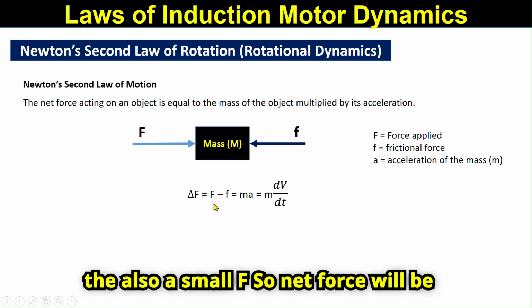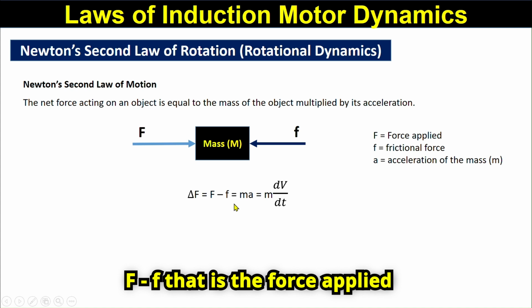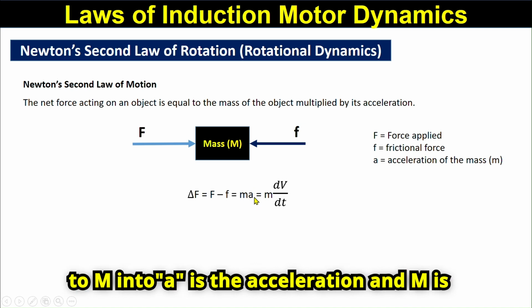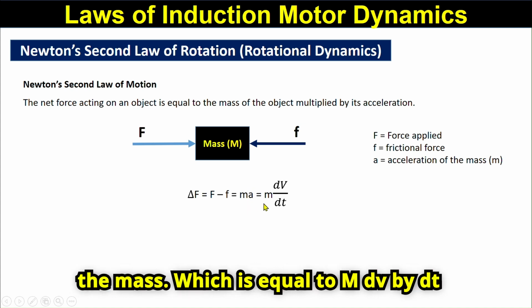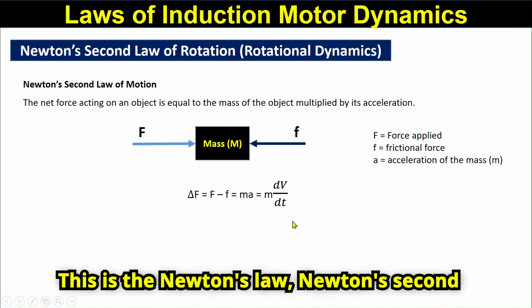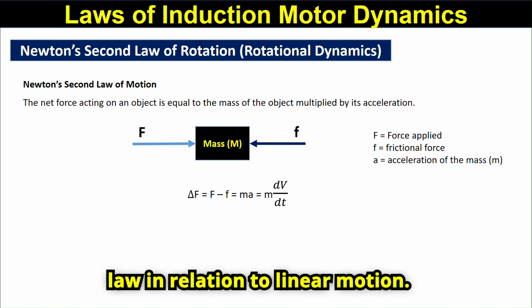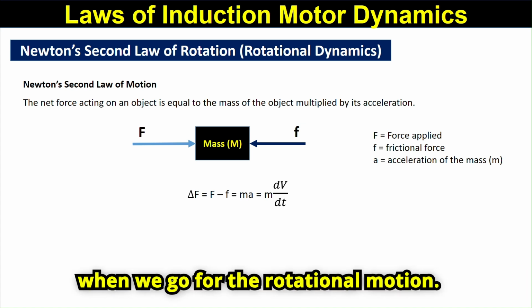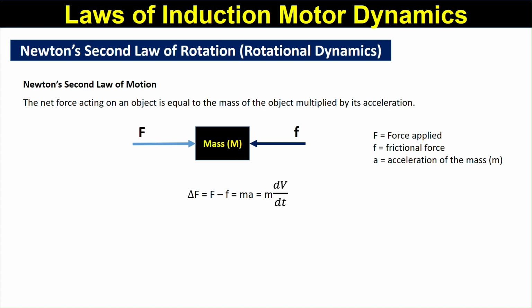So the net force will be F minus f, that is, the force applied minus the reaction force, is equal to m times a. Here a is the acceleration and m is the mass, which is equal to m dv/dt, where v is the velocity. This is Newton's second law in relation to linear motion. This helps you to understand easily when we go to the rotational motion.